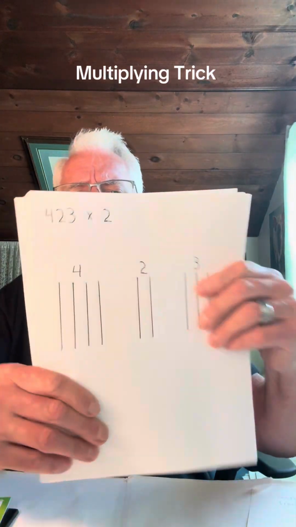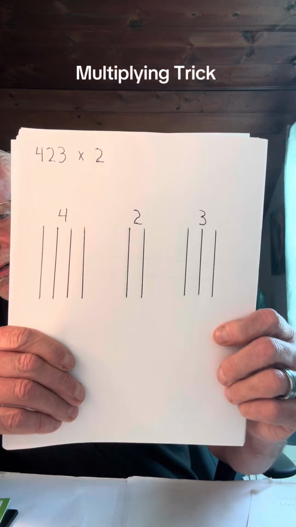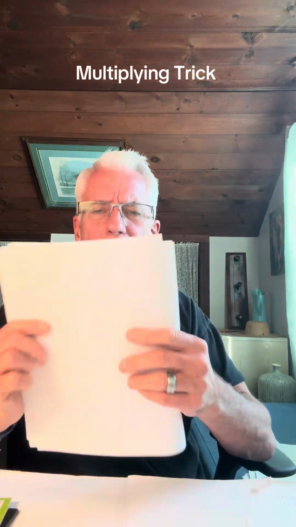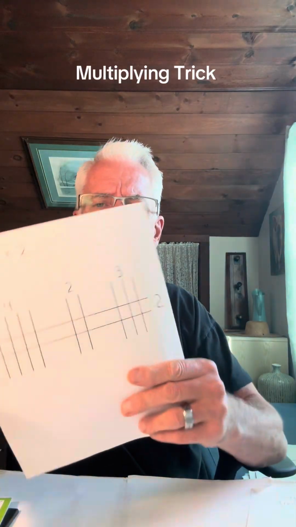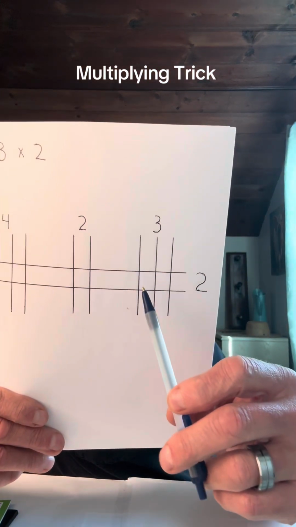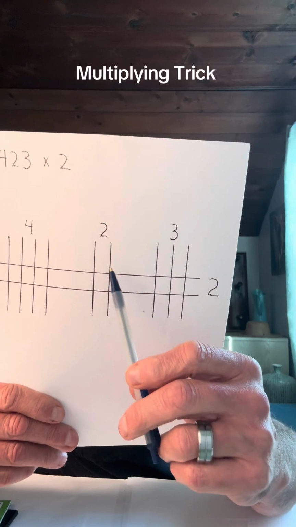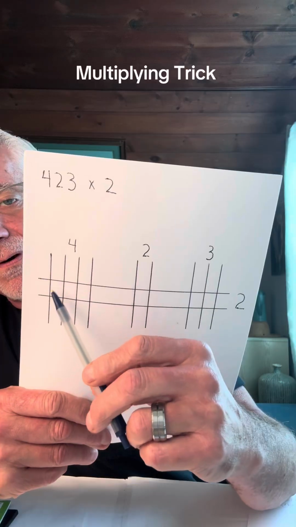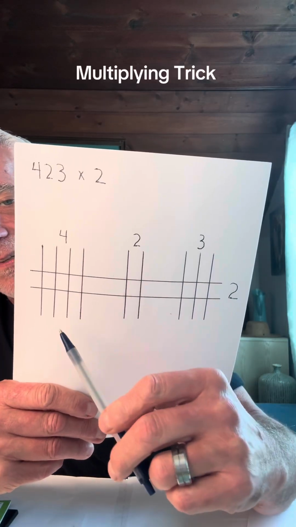There's 423, 4 lines, 2 lines, 3 lines, and then I'm going to go 2 in that direction. And then we just start counting. Right here, 1, 2, 3, 4, 5, 6. Right here, 1, 2, 3, 4. Right here, 1, 2, 3, 4, 5, 6, 7, 8. So 846. Wow, that's pretty cool.